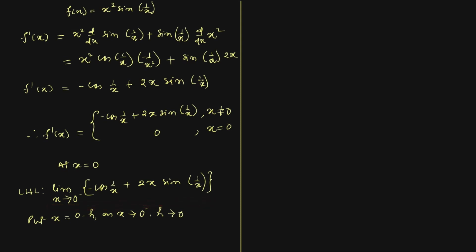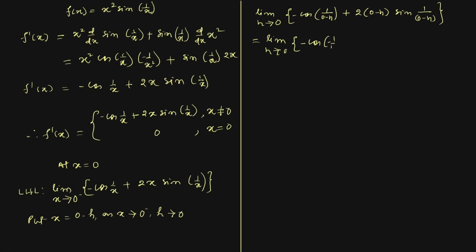Now this limit we are going to write as limit h tends to 0 of minus cos 1 divided by 0 minus h plus 2, in the place of x we will write 0 minus h, sine 1 divided by 0 minus h, which is equal to limit h tends to 0 of minus cos minus 1 by h plus 2 minus h sine minus 1 by h.